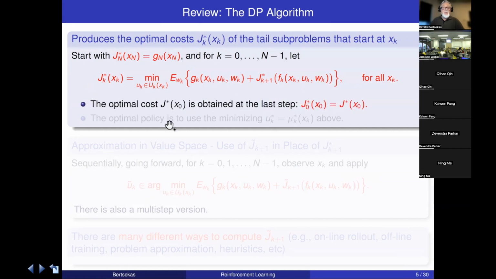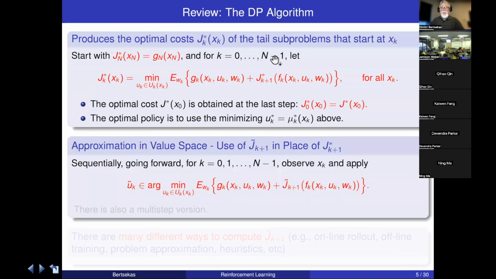And at the last step, we obtain the optimal cost of the finite horizon problem. And to obtain an optimal policy, we have to minimize in this expression, assuming that we have already computed J*_{k+1}. Now, the problem with all this is it's very time-consuming. For challenging problems, it's totally intractable.